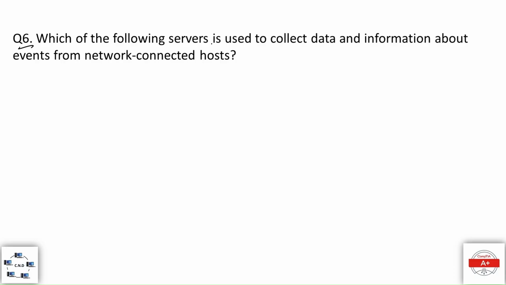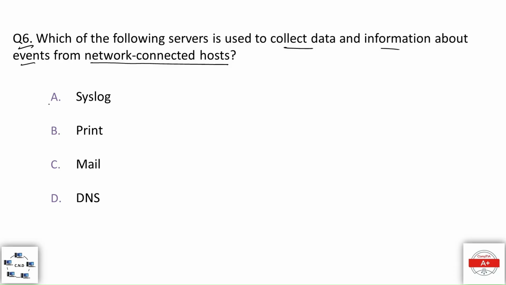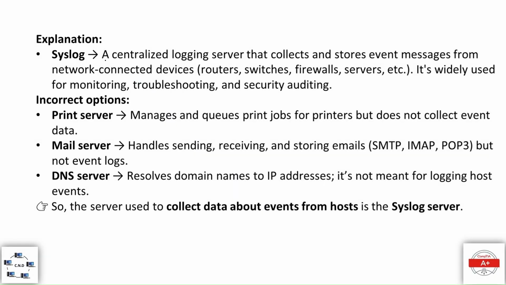Question number 6. Which of the following servers is used to collect data and information about the events from network connected hosts? And the options are option A, syslog, option B, print, option C, mail, and option D, DNS. And the correct option is option A, syslog.